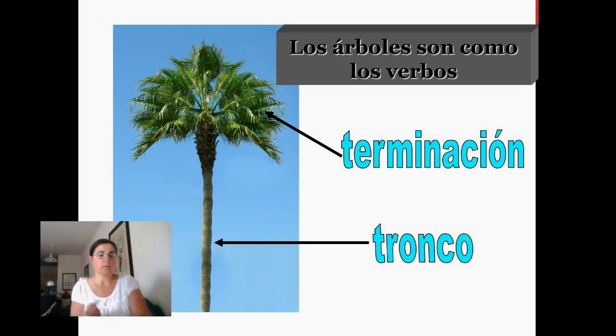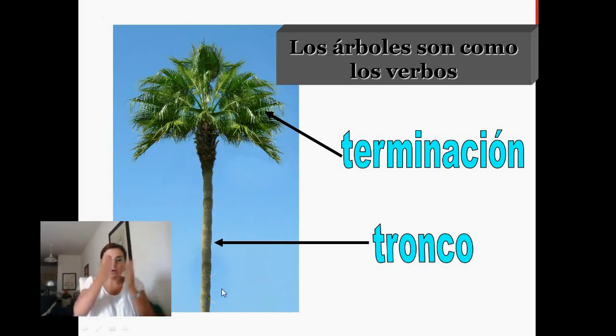All right? You saw that all this group of verbs are -ar verbs. Here, I decided that the verbs are like trees. And the verbos regulares, the regular verbs, are like palms, because the palms are the most regular of all trees. They all have the same stem, the same type of tronco.